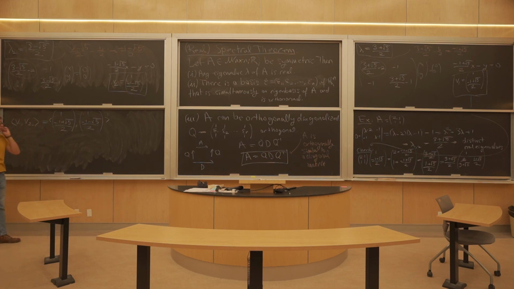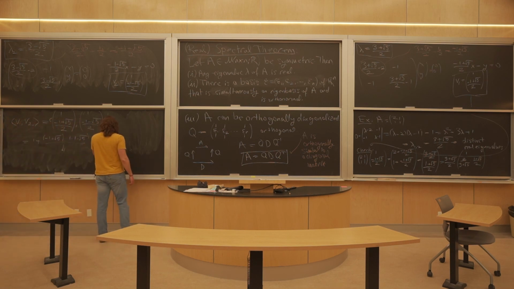Okay, so now I need to compute this inner product. This gives me 1 plus the product of these two: minus 1 plus root 5 times minus 1 minus root 5 divided by 4. Okay? So this is of the form a plus b times a minus b. So this numerator is going to be a squared minus b squared.